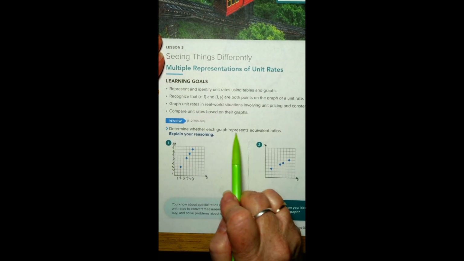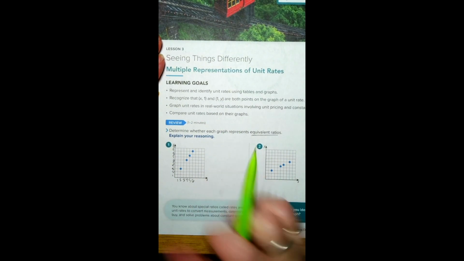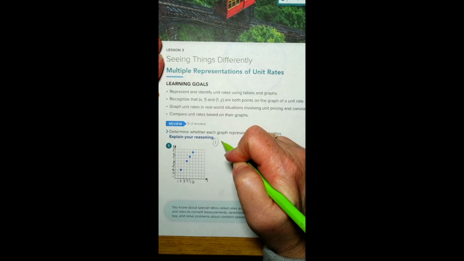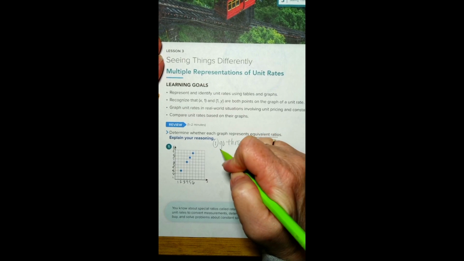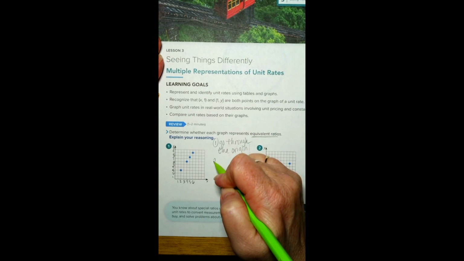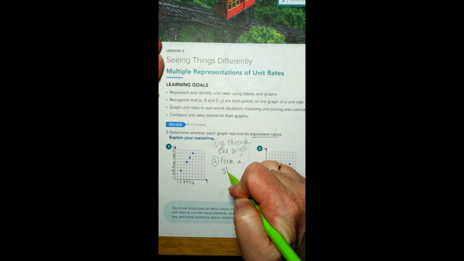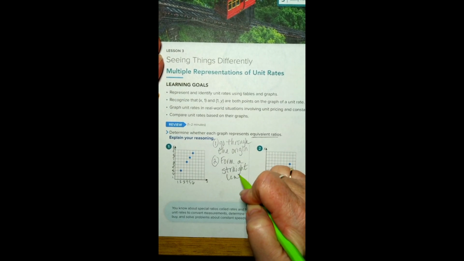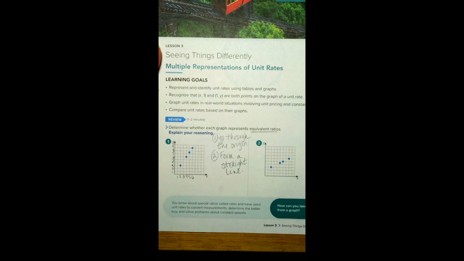In order for these ratios to be equivalent, when you're looking at a graph, two things have to happen. One, it has to go through the origin, and two, form a straight line. Okay, let's connect these and see if that happens.